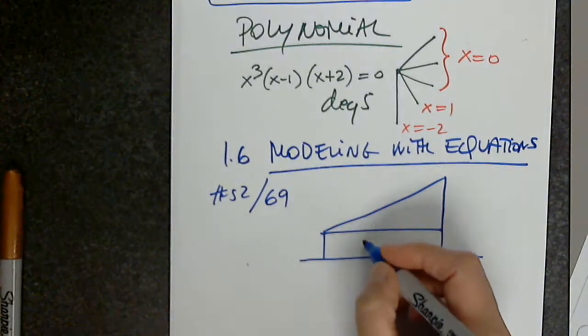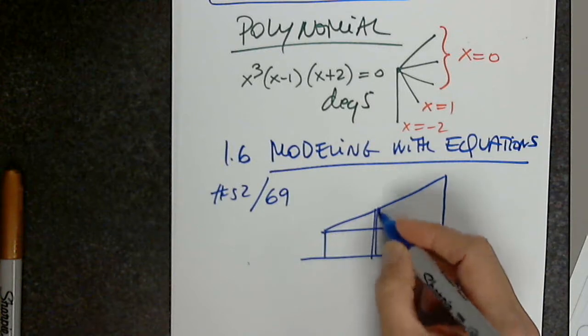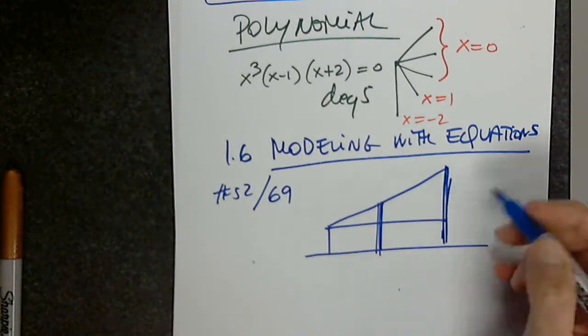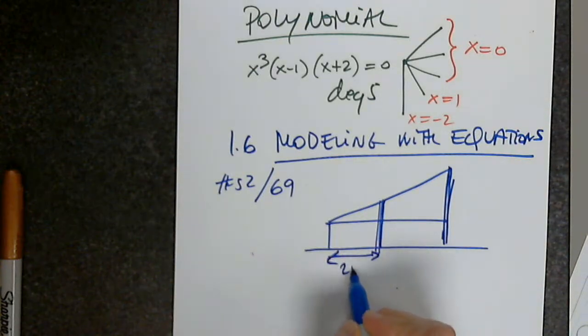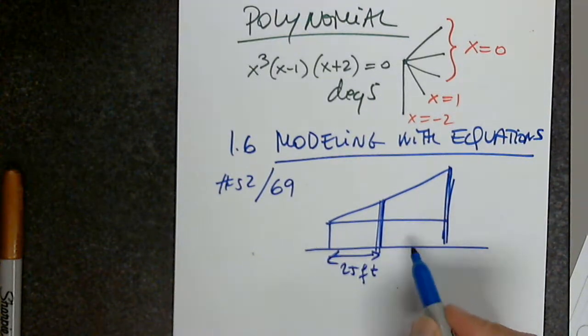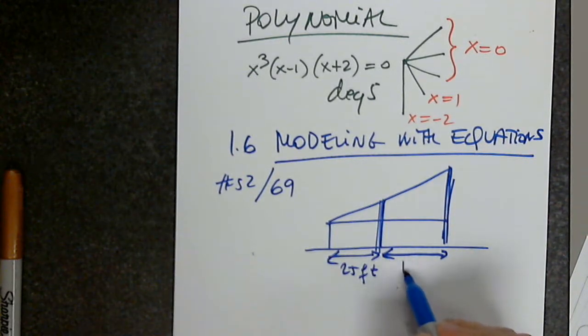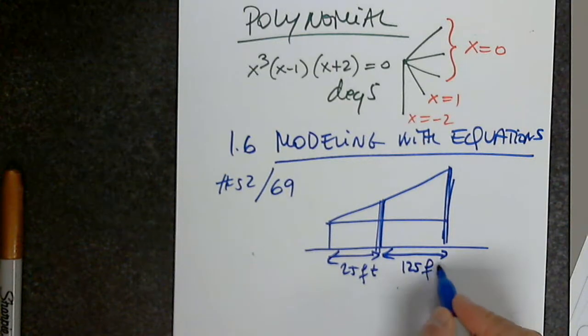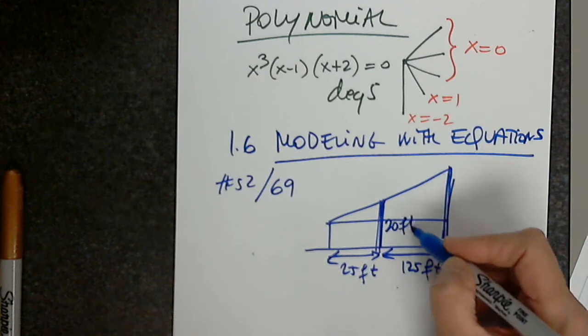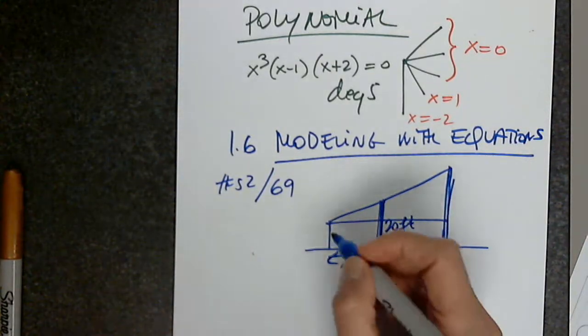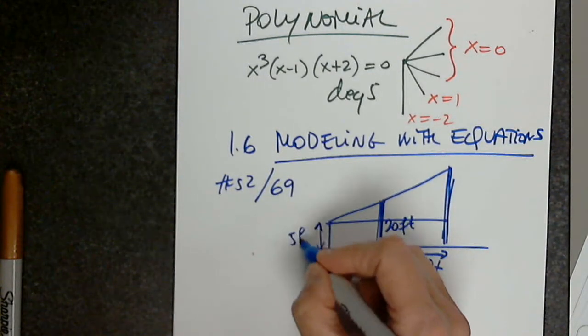So this is the small tree right here, and this is the tall one, and we have this distance 25. We have this distance measured on the ground between the small tree and the tall tree. We have the height of this small one because he can measure that. And we have his height, which is 5 feet.